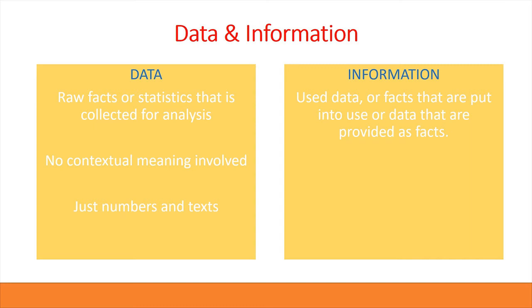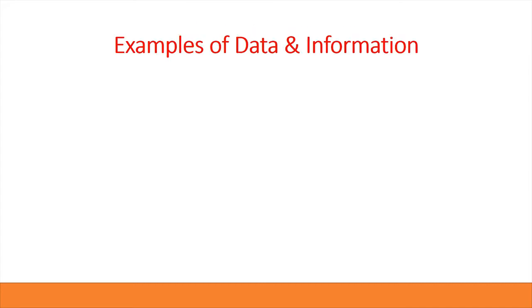The next difference: data should not have any contextual meaning involved with it, whereas information will have that exact meaning. And lastly, information will always be organized, will always have a certain flow, and will always be meaningful. That is the definition and the segregation of data and information.